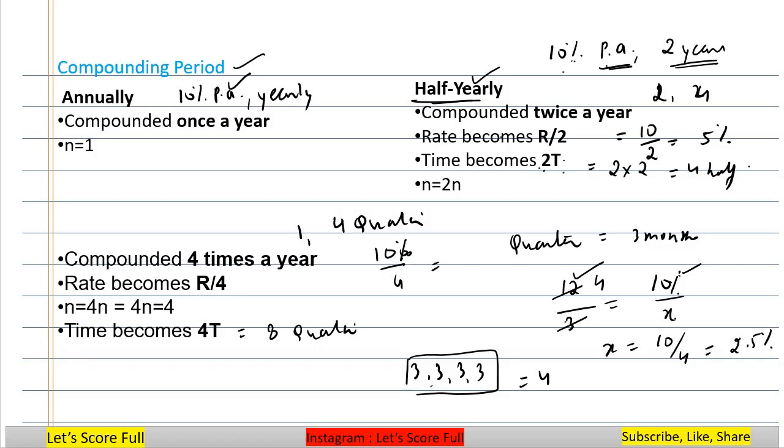Sometimes they also ask monthly. No problem. Monthly means 12 months in a year. So divide the rate of interest by 12 and multiply the years by 12 because it is per month. Let's see one example. You will understand it better.